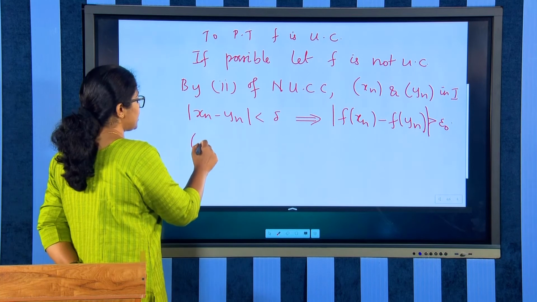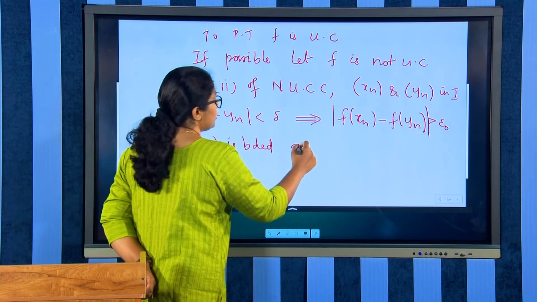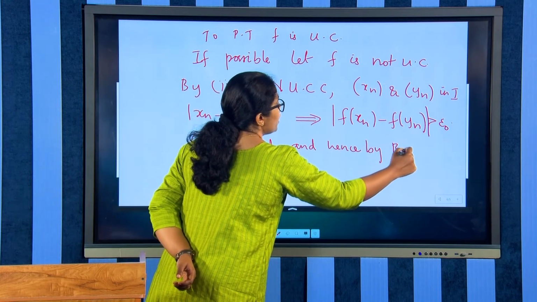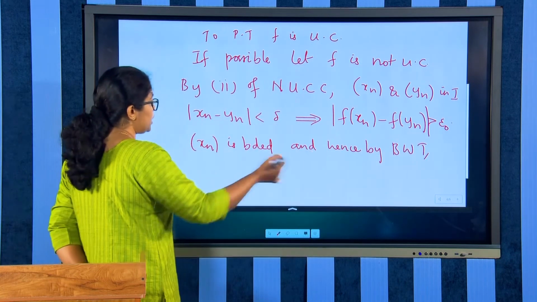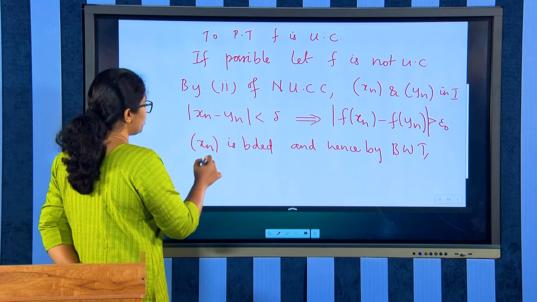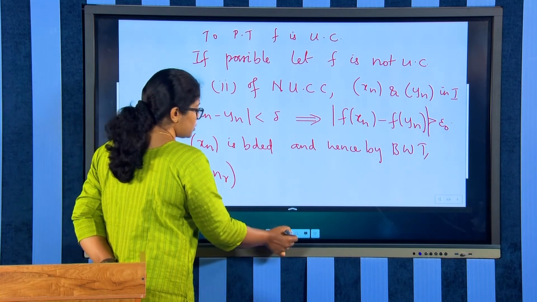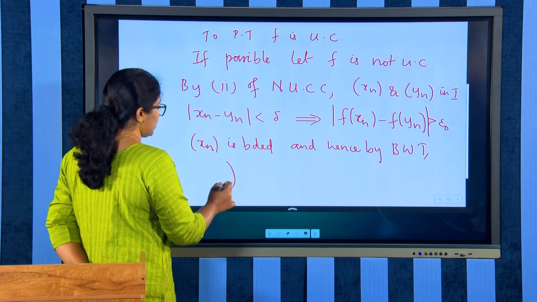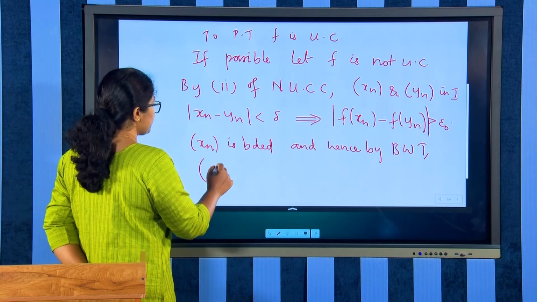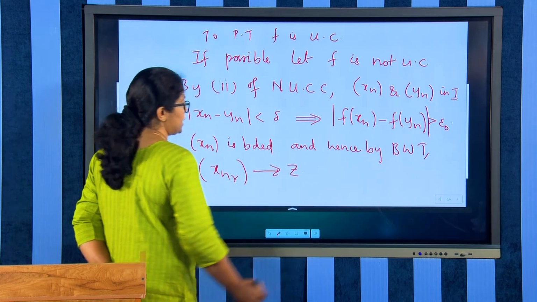So sequence xn is bounded, and hence by the Bolzano-Weierstrass theorem that we have seen in many of the previous sessions, there exists a subsequence xnr which converges to some number, say z.